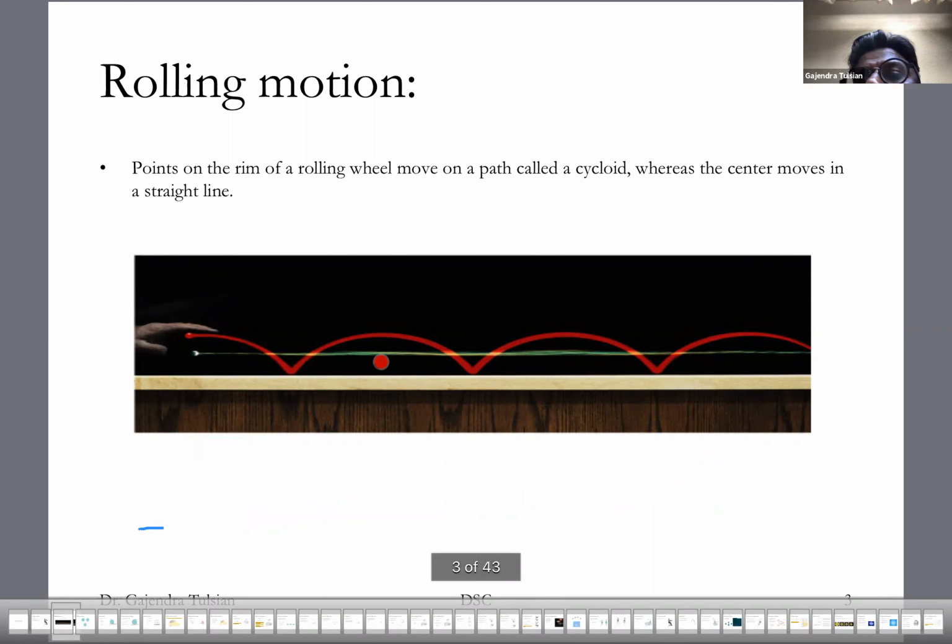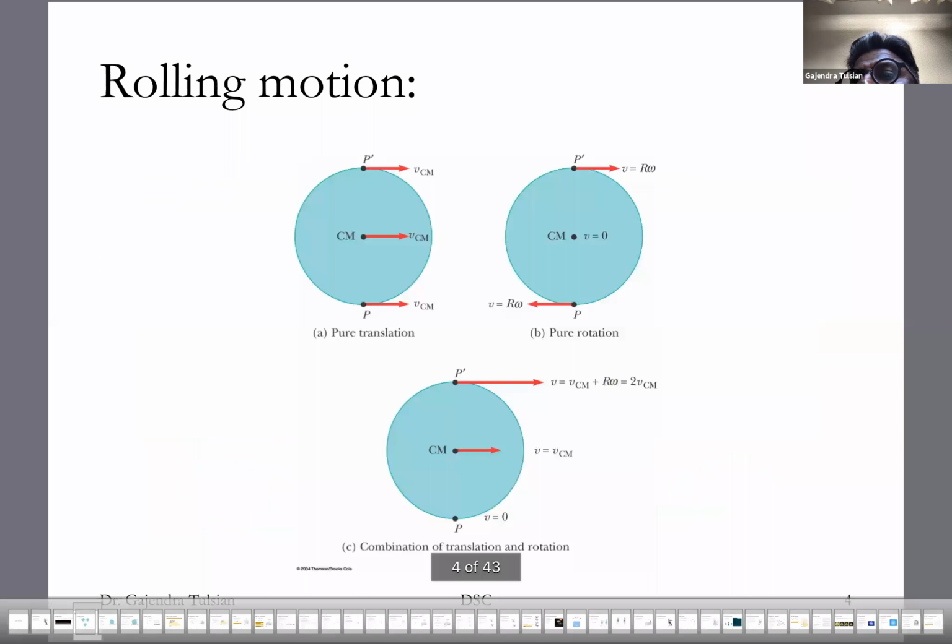So we saw that rolling motion is a combination of pure translation and pure rotation. The sum of these two is the rolling motion.